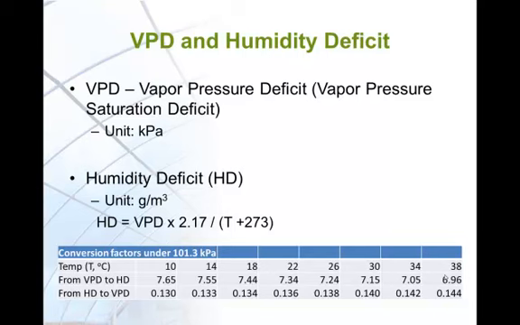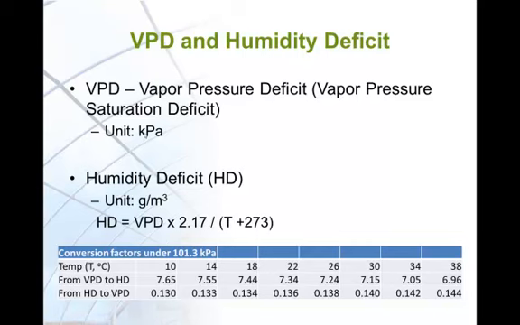Okay, so there are a couple of confusions I would like to point out when we talk about VPD. First of all, VPD is vapor pressure deficit and the unit we use is a pressure unit. However, some growers prefer to use a mass per volume concentration unit for vapor pressure rather than a partial pressure unit.